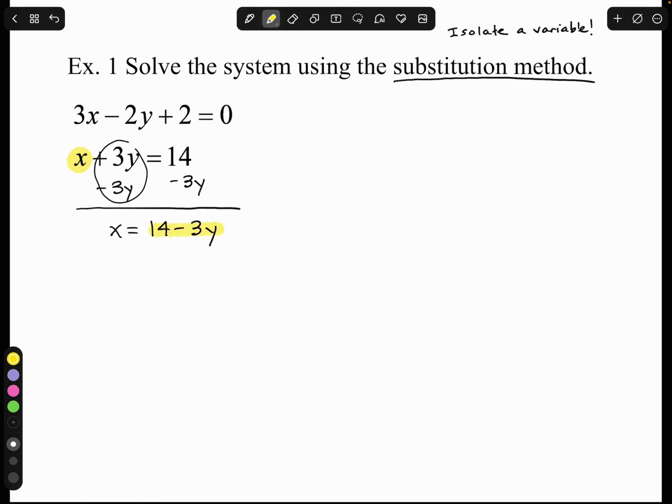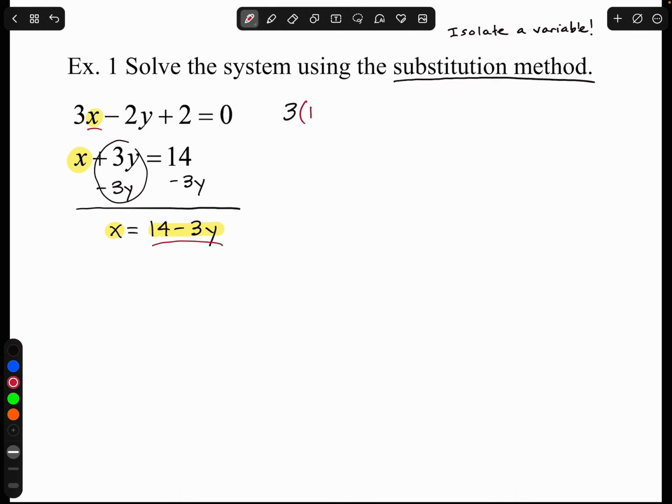And since x is going to equal 14 minus 3y, wherever we see the x, we can put that in its place in the other equation. So we're going to take out this x up here, and we're going to replace this x with this expression.